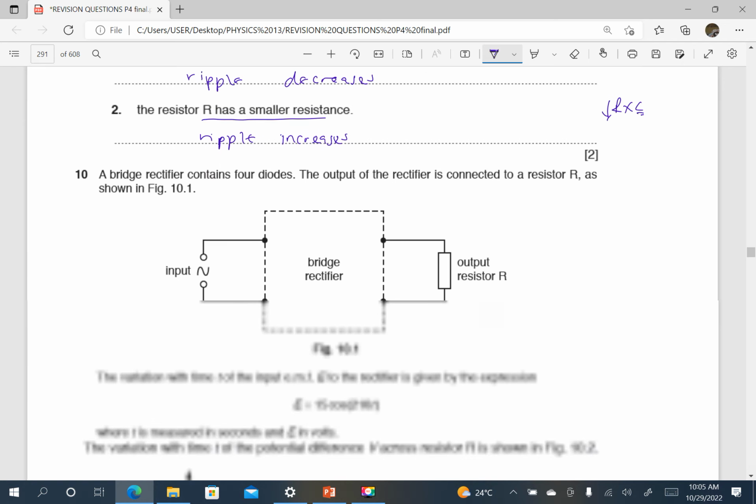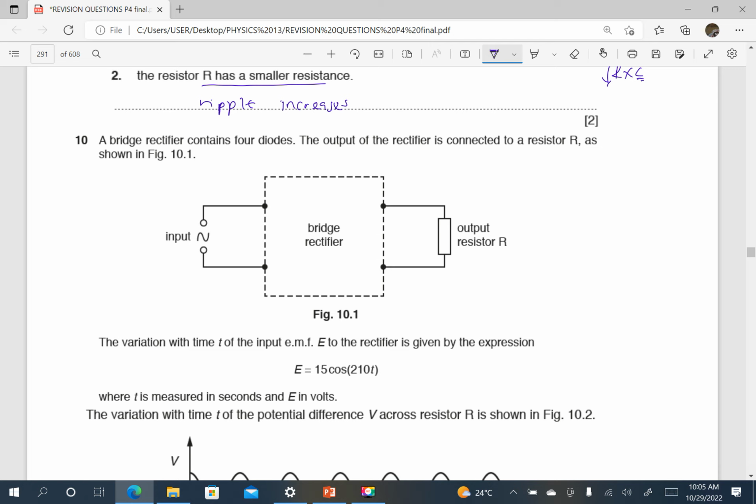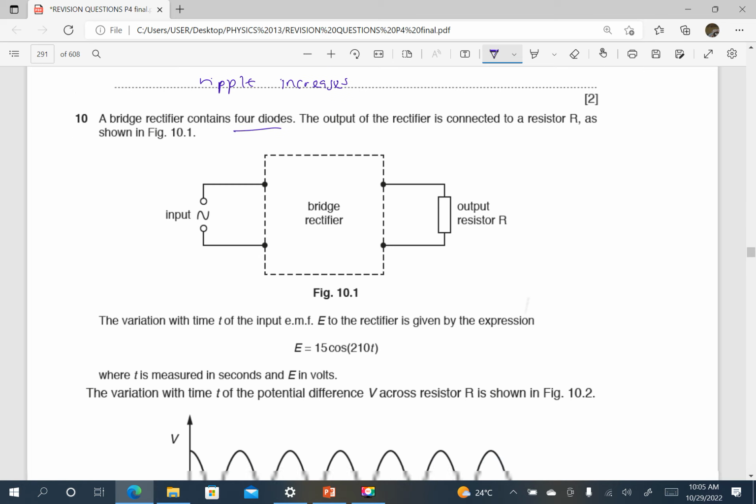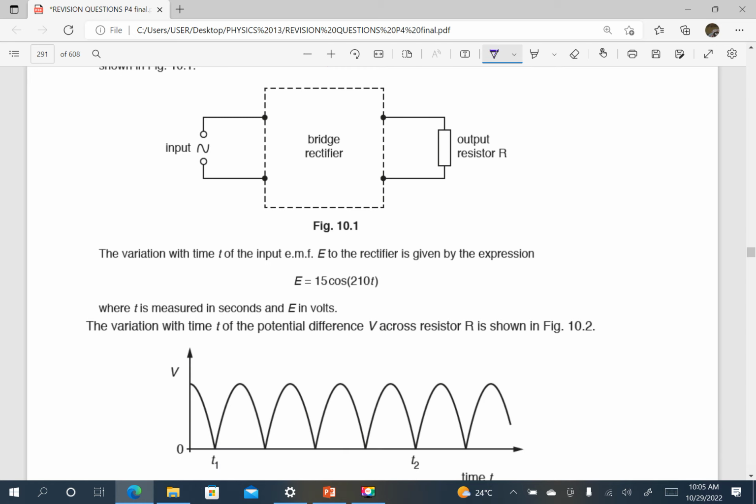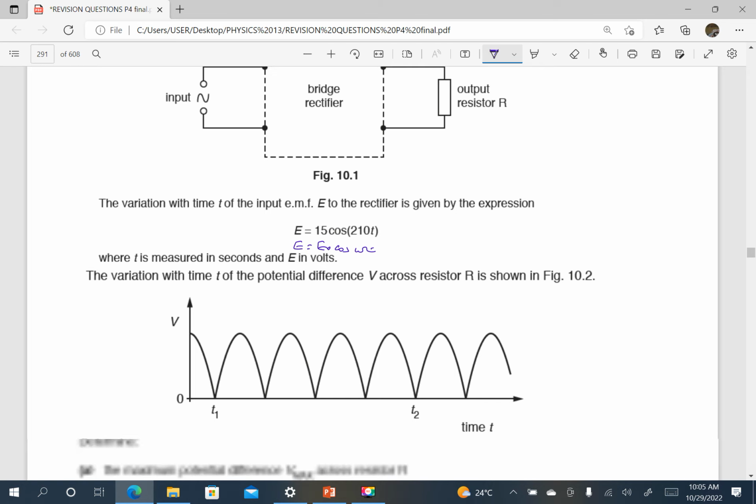Last question is number 10. A bridge rectifier contains 4 diodes. The output of the rectifier is connected to a resistor R as shown here. The variation with time t of the input EMF E of the rectifier is given by that expression. We can compare this with E is equal to E naught cos omega t, so it is a cosine curve.